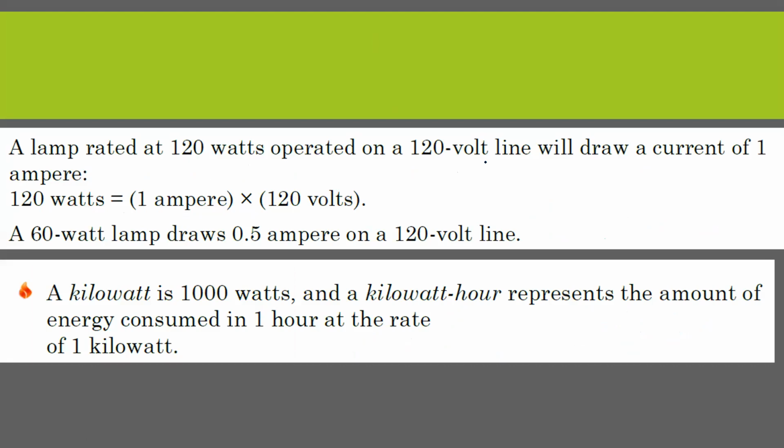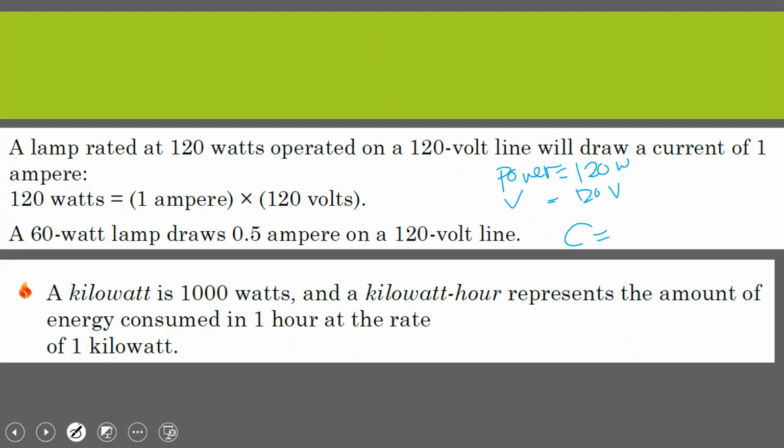So when we say that a lamp is rated at 120 watt, operated on a 120 volt line, that means the power is 120 watt and the voltage is 120 volts. So what is the current?